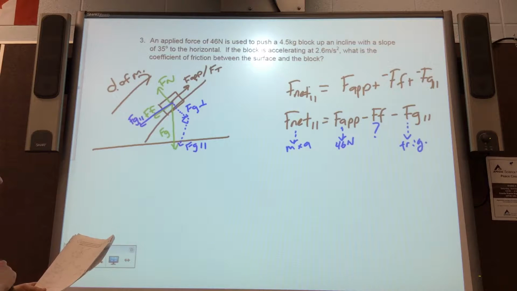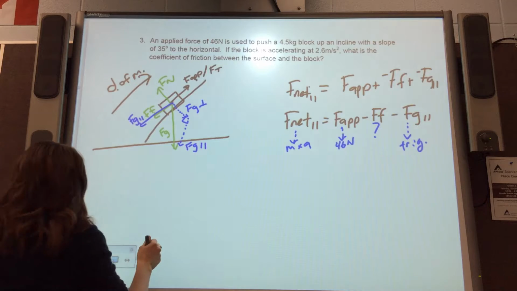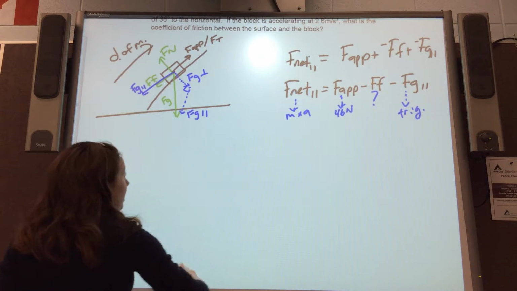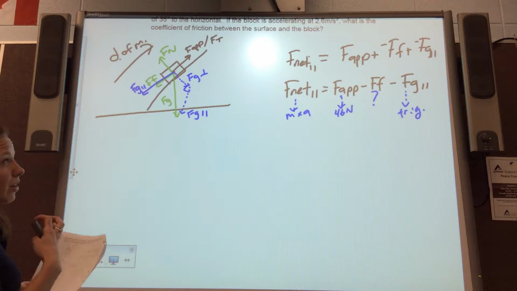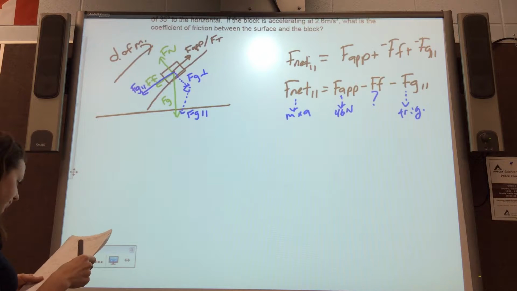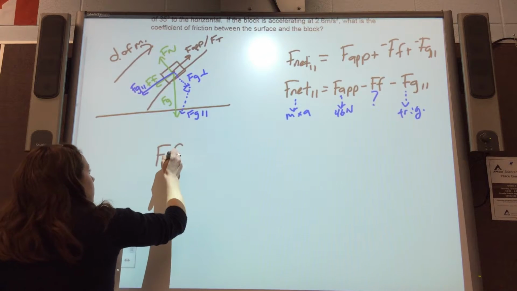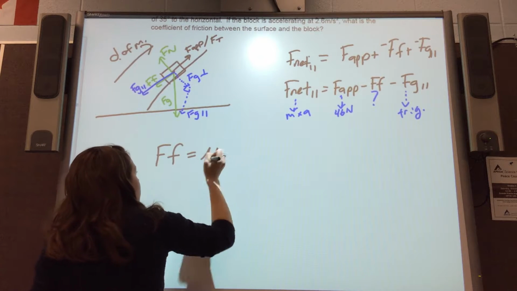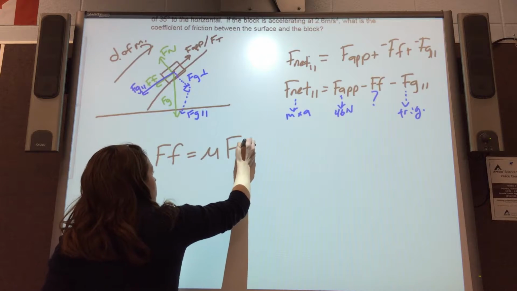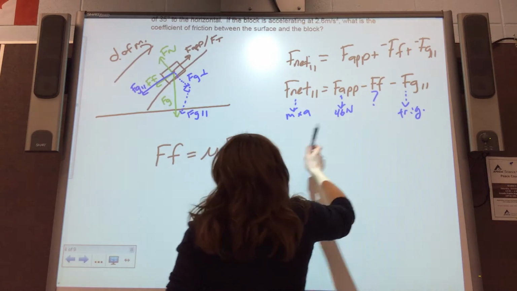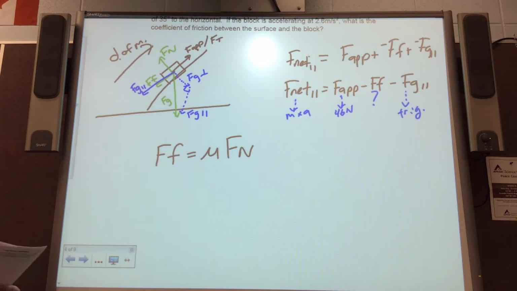So what I'm going to do first is I know that I need to find my FF, because I'm not given any other stuff about it. To find the coefficient of friction, I have to use the formula FF is equal to mu FN. So once I find this FF, I need to apply it to this problem.